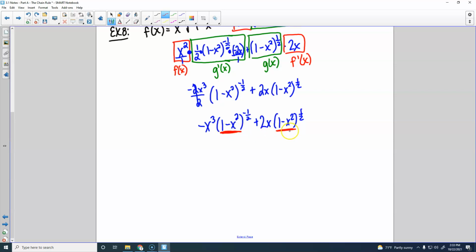Because those two are exactly the same, we can factor it out and take the lowest amount of 1 minus x squareds that we have, which is going to be this negative 1/2. So I'm going to factor out 1 minus x squared to the negative 1/2. And when you do that, it's like you're dividing by 1 minus x squared to the negative 1/2 for both terms here.